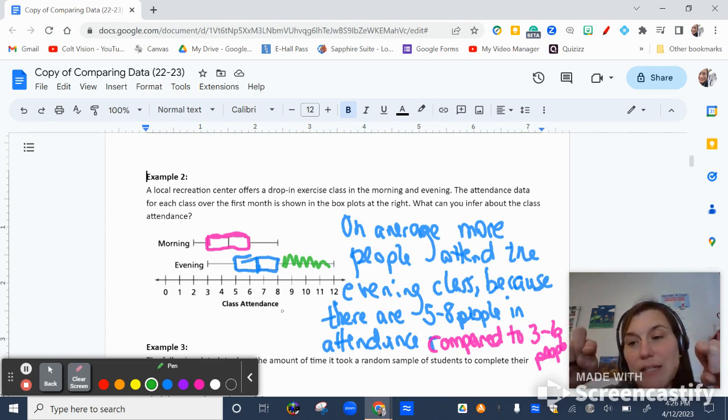So the evening class has more variability, that's the ends. Okay, it's more spread out, but to compare which is more, all I have to do is see which box is to the right. The one that's to the right, that's the one that's more. The one that's to the left, that's the one that's less. It's pretty simple. Okay, so we looked at making inferences and making comparisons.